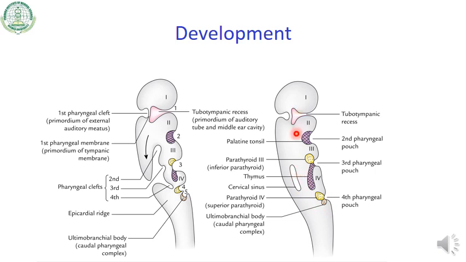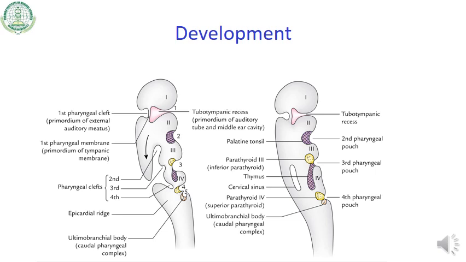So due to these arches, from inside, which is lined by the endoderm, between each arch there is a pouch. So this is the first, second, third, fourth pouch. The fourth pouch enlarges to form a tubotympanic recess. Tubotympanic recess.